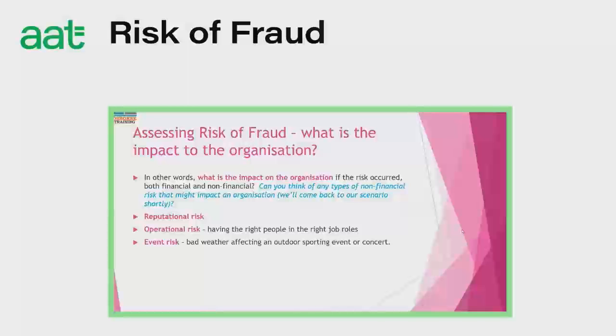Okay, we'll come back to our scenario shortly, but we've got reputational risk. Okay, so we've seen in the news, in real life, lots of different examples of the knock-on effect of fraudulent activity or otherwise negative press having an effect on the reputation of an organisation.